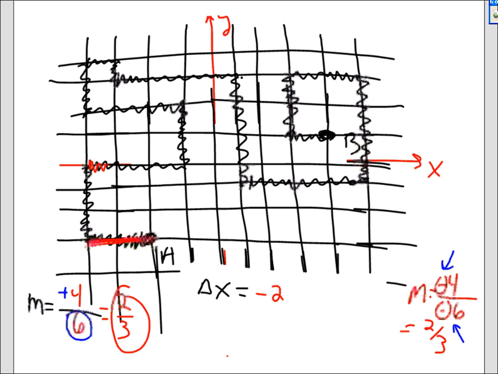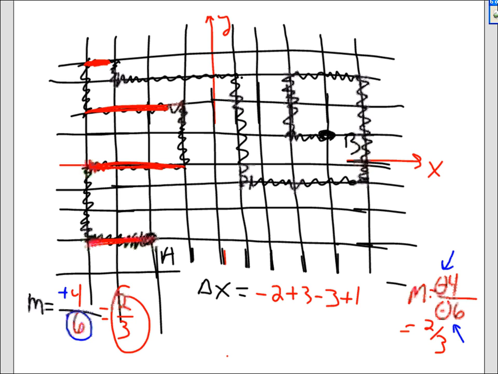But then I went to the right 3, that's +3. Then I went up some, but then I went to the left 3, take away 3. Then I went up, but then I went to the right just 1, add 1.